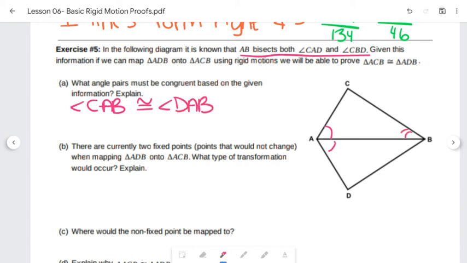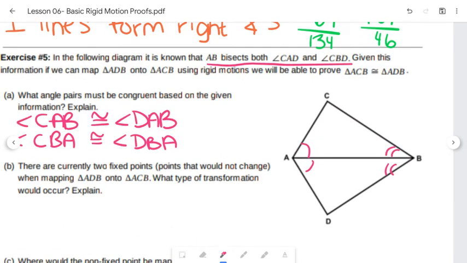And we also have angle CBA congruent to angle DBA. Okay, the reason why is we know an angle bisector creates two congruent angles or cuts an angle in half, something along those lines.